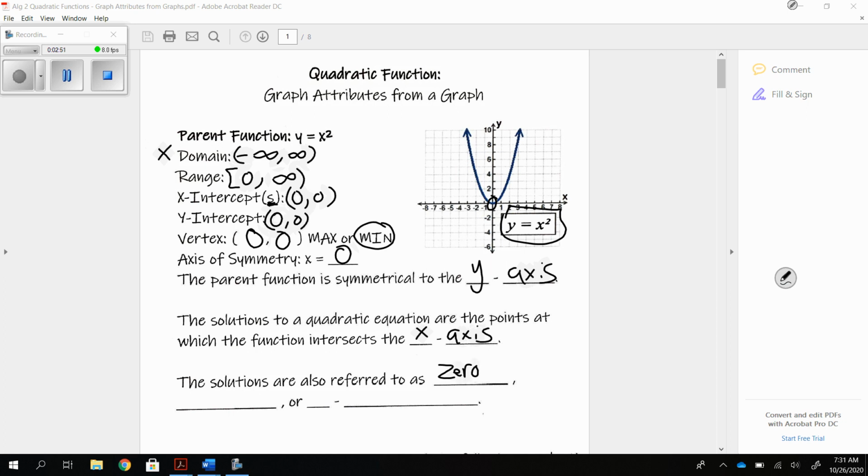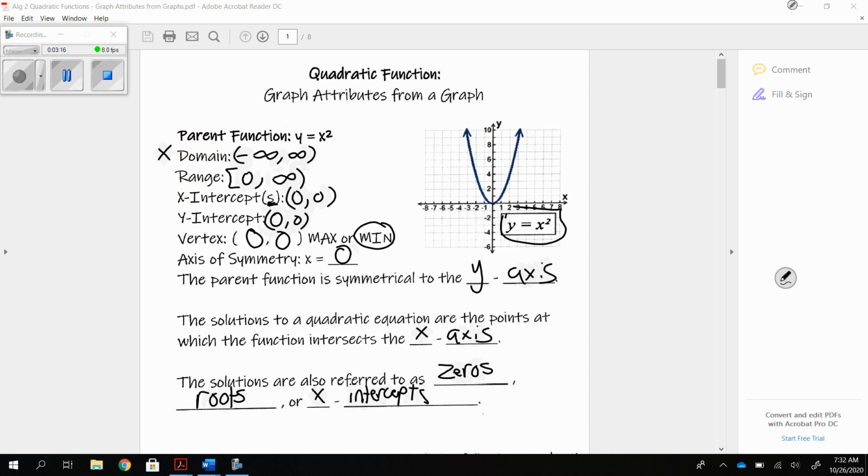So if you ever see a question that asks for the zeros of a graph, it means the solutions or the roots. Or the one you'll see the most often is x-intercepts. So wherever it crosses the x-axis, those are our solutions.